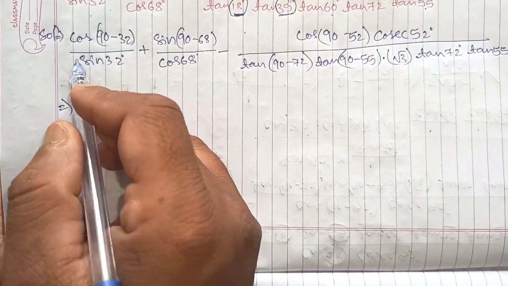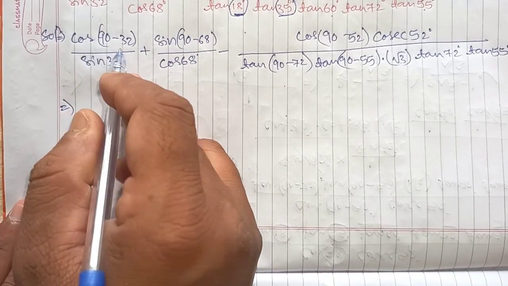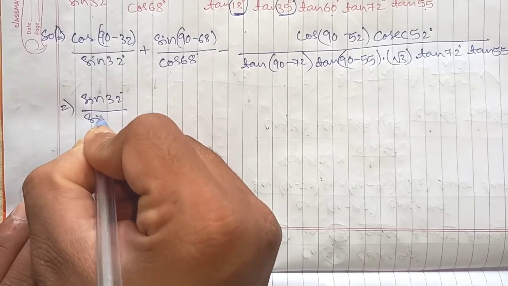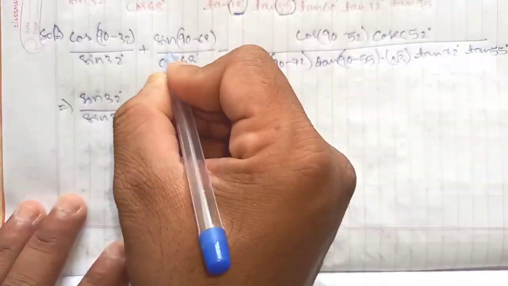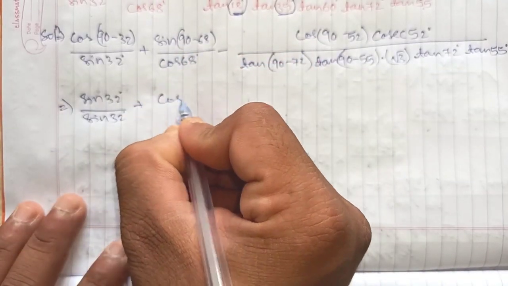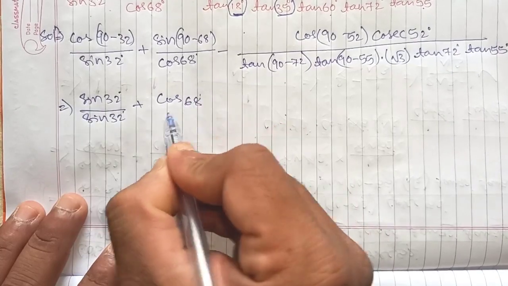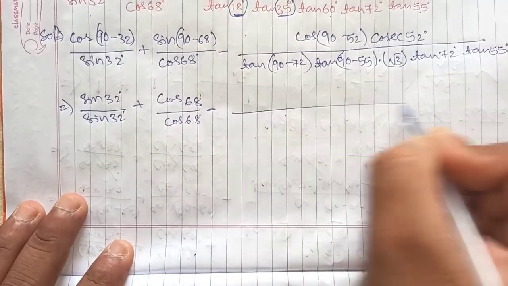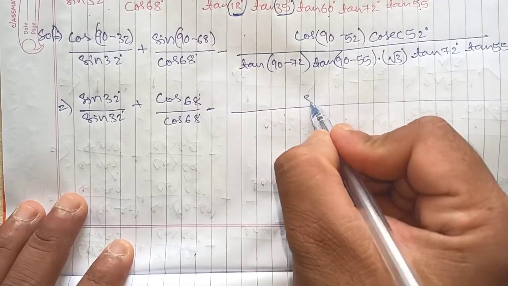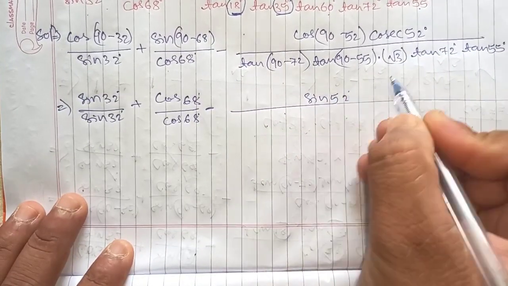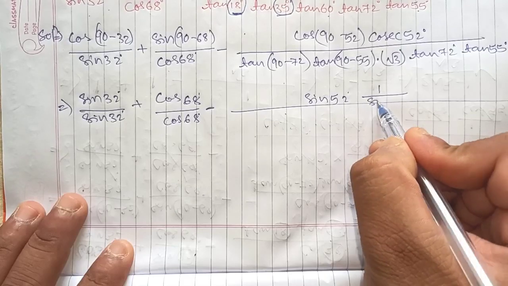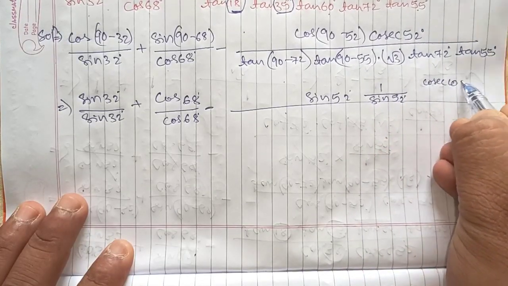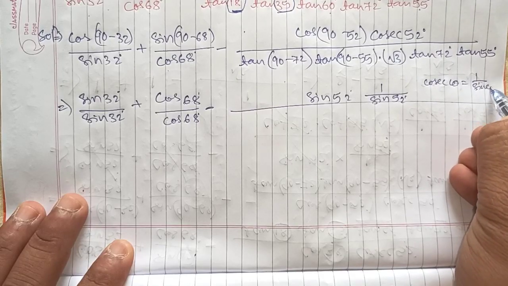Okay, now cos 90 minus 32: cos 90 minus theta is sin theta, so it will become sin 32 divided by sin 32 degree, plus sin 90 minus theta is cos theta, cos 68 degree, whole divided by cos 68 degree, minus cos 90 minus theta is sin theta, and cosec theta is 1 by sin theta, as we know.